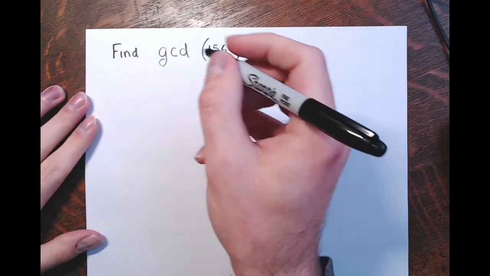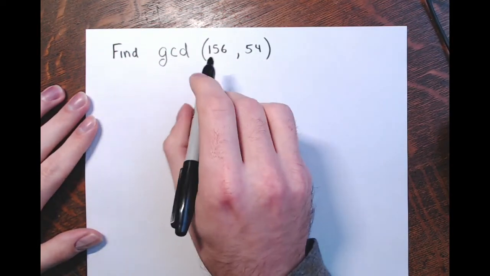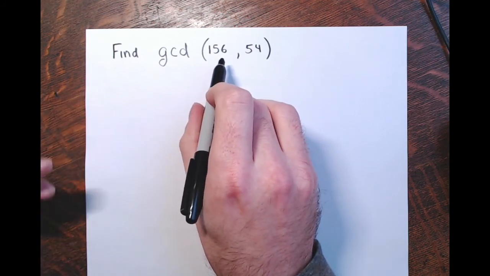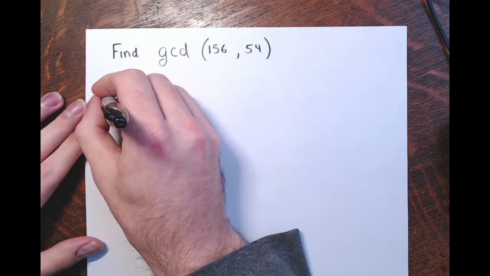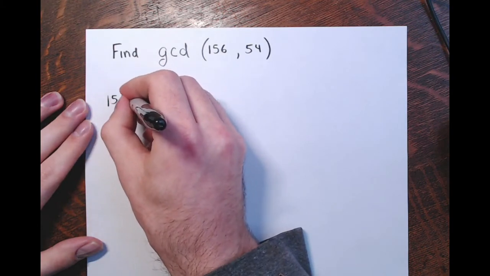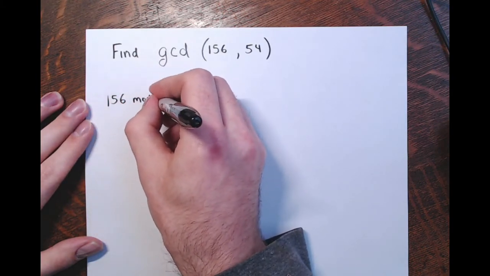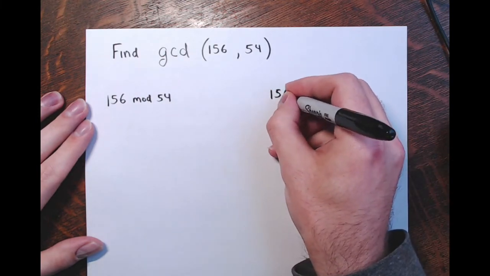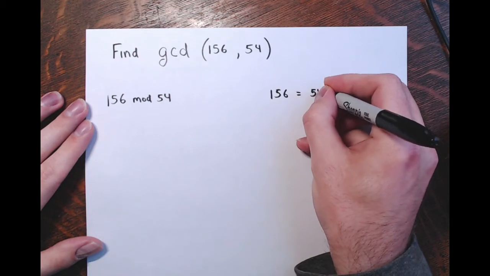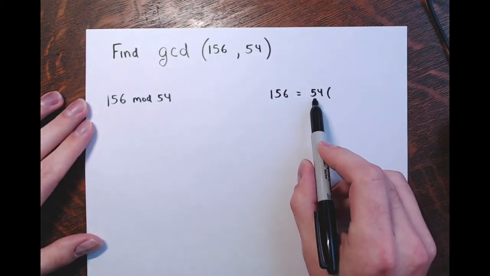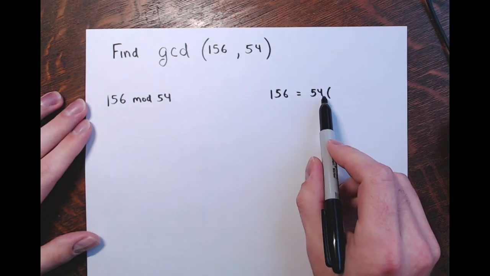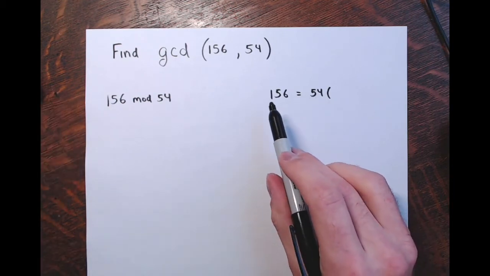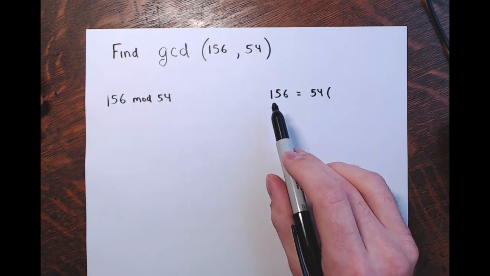All right. So first I want to find the remainder when I divide 156 by 54. So what is 156 mod 54? Well, let's see. 54 times 2 would be 108. 54 times 3 would be larger than 156, it'd be 162.